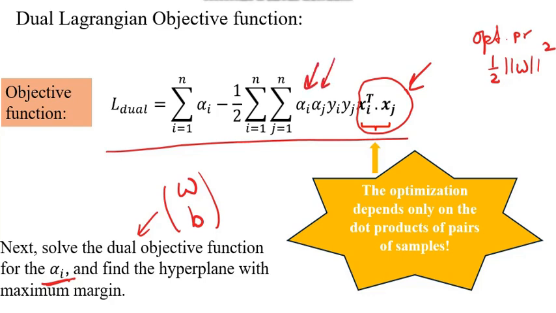We used the Lagrange multipliers, and this approach brought us to this formulation where we can see that the dot products of pairs of samples play an important role. Okay, so we shall proceed in the next video for the next steps.